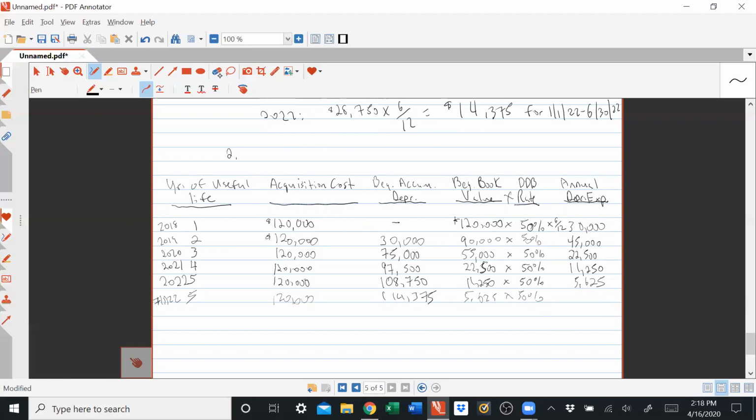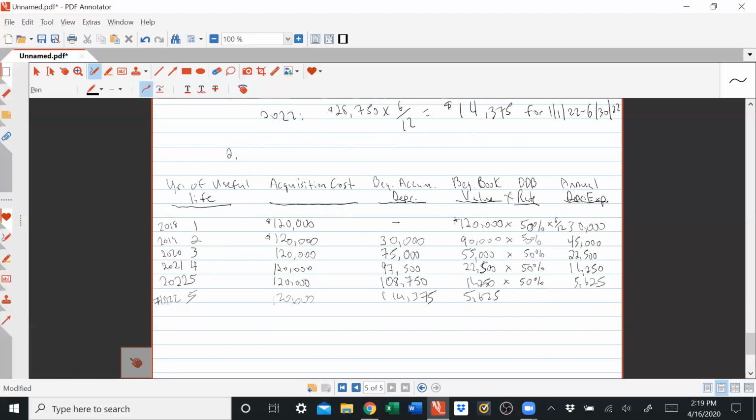And so rather than do that, we need an extra $625 of depreciation. You see that? We need an extra $625 to get our book value down to where our book value will equal our salvage value.